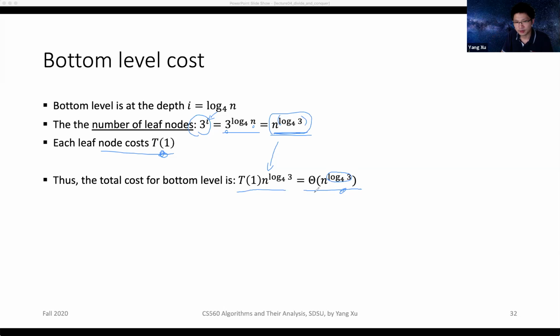This is a polynomial function, and the efficiency is quite good. It is slower than a linear function, because this quantity is less than 1.